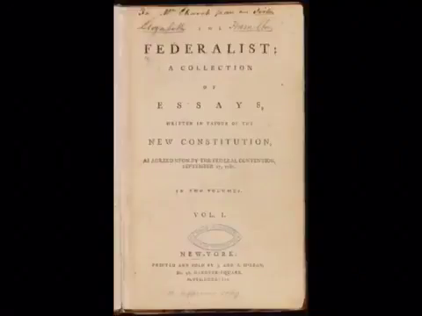The next event on the timeline is the Federalist Papers. Federalist means to be supporters of America and the Constitution. The writers of the Federalist Papers were Alexander Hamilton, James Madison, and John Jay. There were 85 essays written that were included in the Federalist Papers.